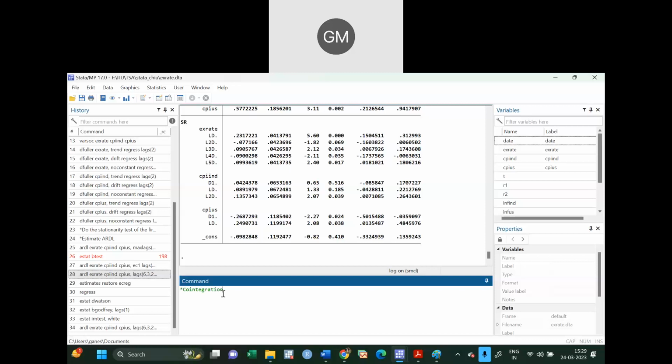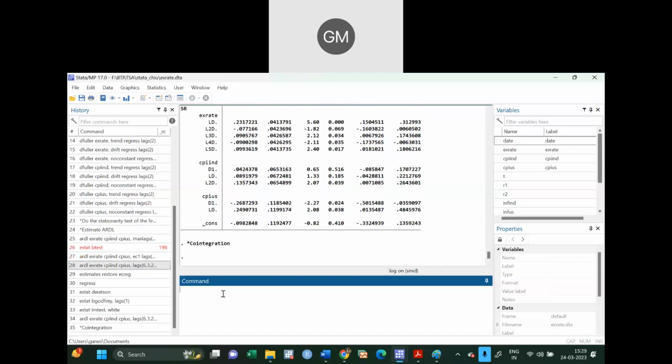And in the Engle-Granger test, you simply run an OLS of the equation and you test on the residuals, right? That's all.